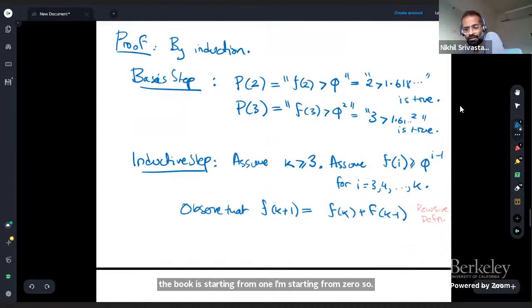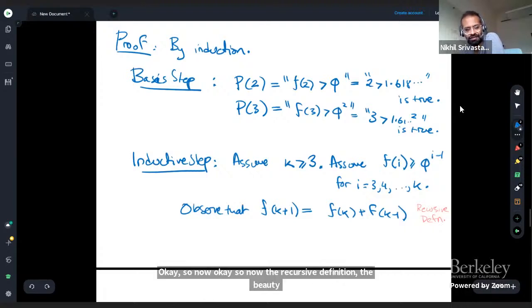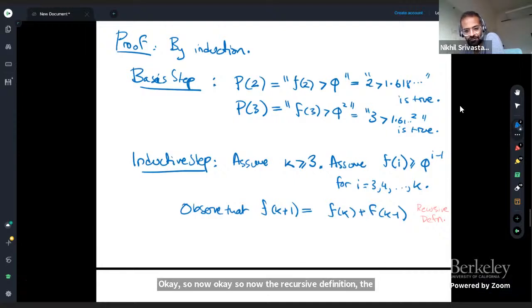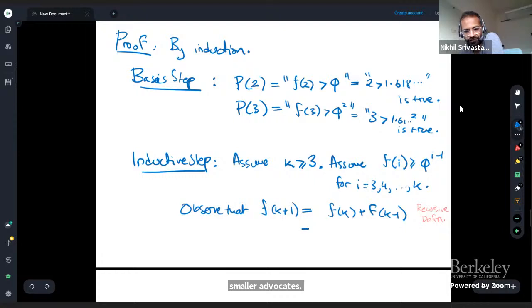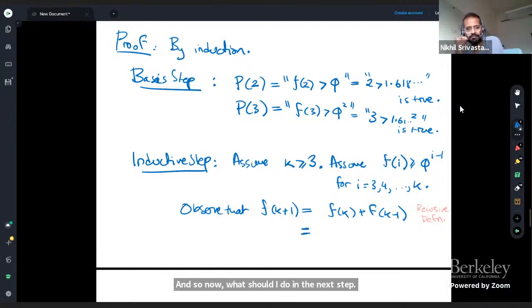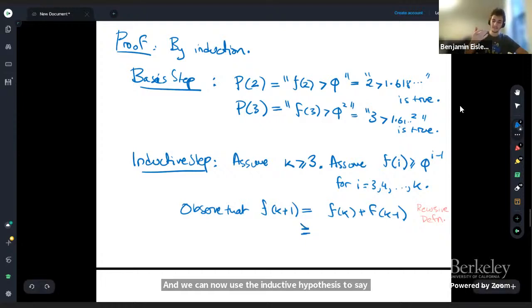Okay. So now the recursive definition, the beauty is that it expresses f of k plus 1 in terms of smaller f of k's. And so now, what should I do in the next step? We can now use the inductive hypothesis to say it's greater than or equal to phi to the k minus 1 plus phi to the k minus 2. Exactly.